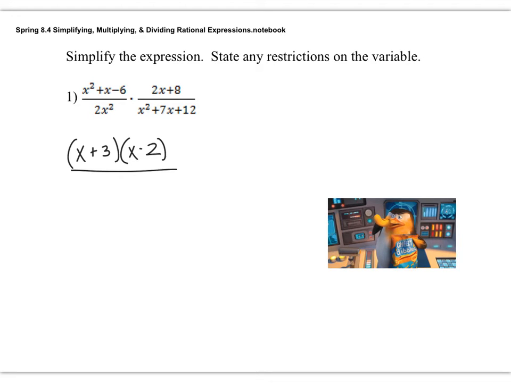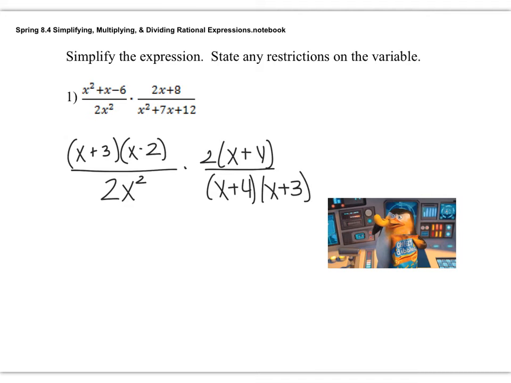The bottom is just a single term, so it does not factor. It's just 2x squared. The next fraction on the top, I can take out a 2. Don't forget to look for those GCFs. And on the bottom, that will factor to an x plus 4 and an x plus 3.